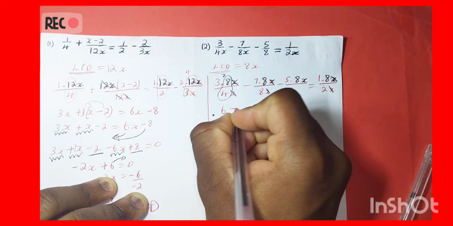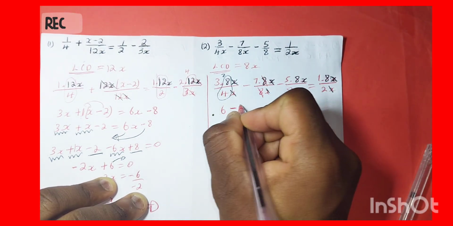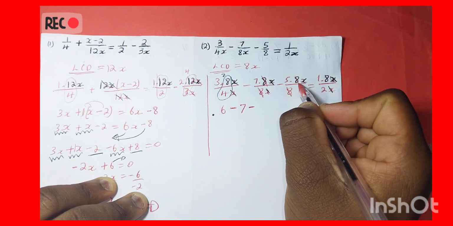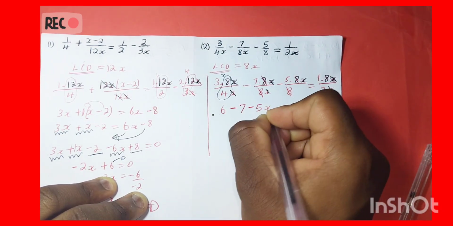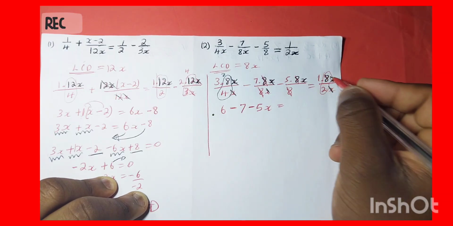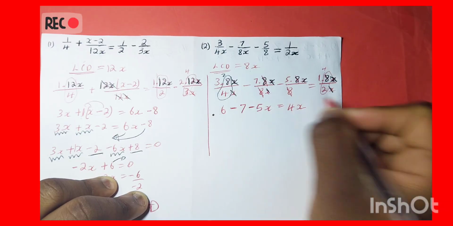It's 6 there, minus, so this one will cancel. Here you're only left with 7, minus, which is here, this will cancel. Then here you're left with 5x. Then for this one, if you press this on a calculator, it will only give you 4, meaning that it's 4x there.